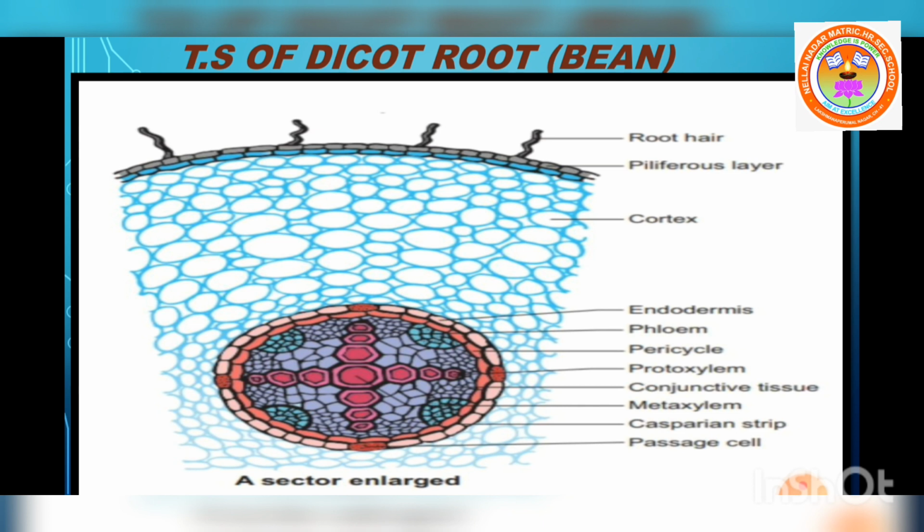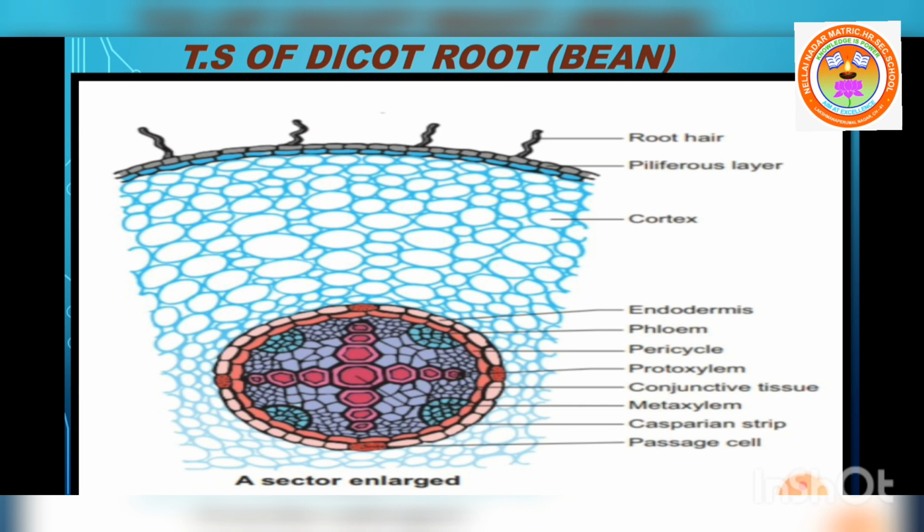Endodermis shows a band-like thickening on the radial and inner tangential walls called Casparian strips. It helps in the movement of water and dissolved salts from cortex into xylem.